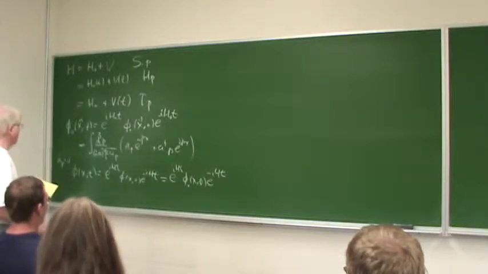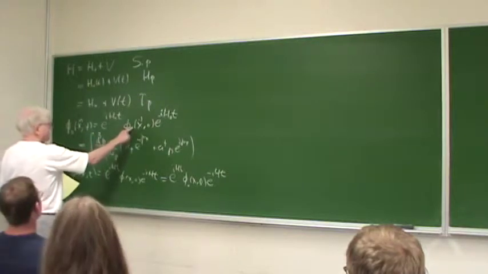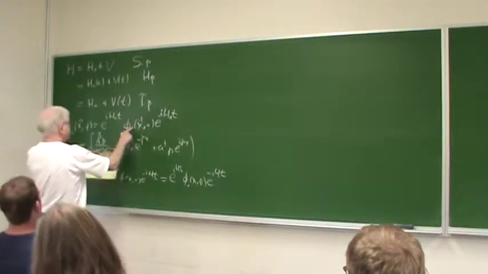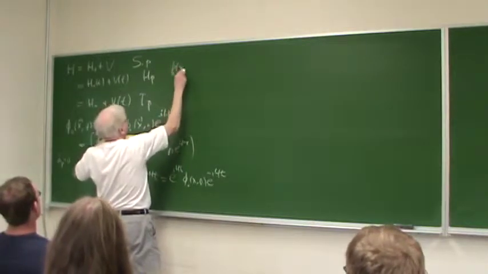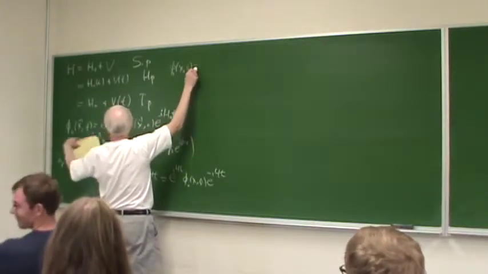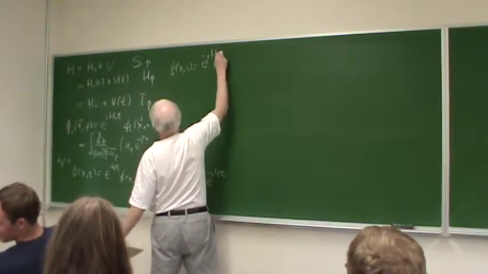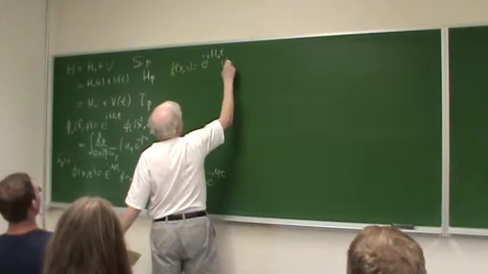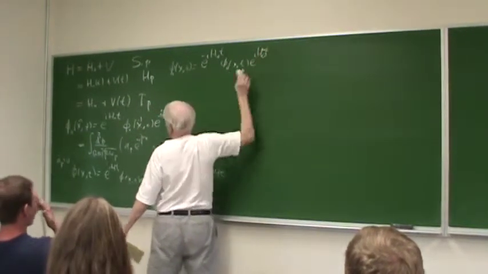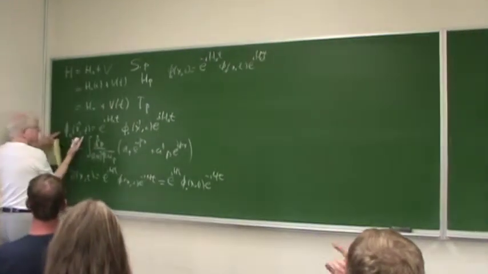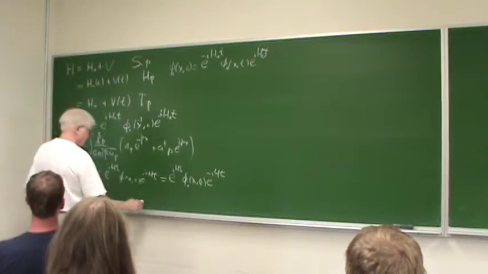And now we can invert this formula. In other words, we can say here that phi 0 of x and 0 is e to the minus i H0 t, phi 0 of x and t, e to the i H0 t. So that just inverts this and gives us phi at time 0. And we can stick that in there.